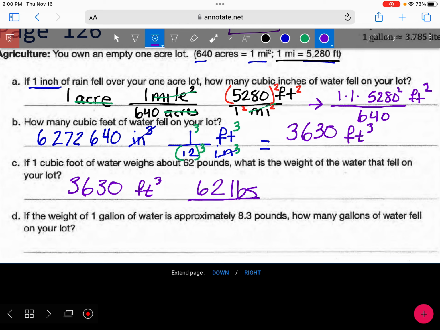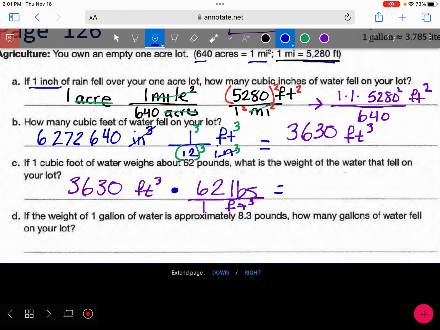So 62 pounds per 1 foot cubed. Can we see it now? We're going to multiply these together.